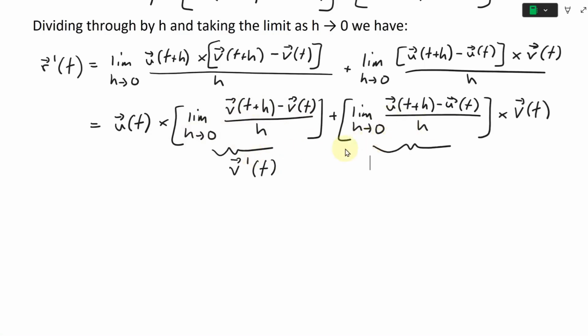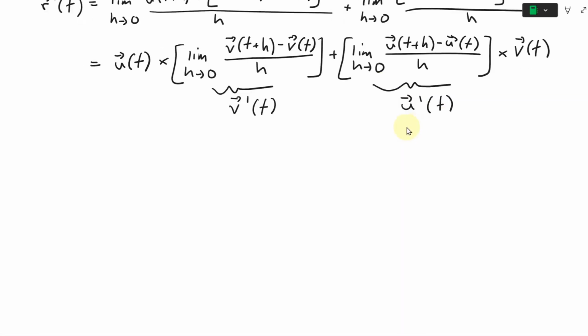So this is u prime of t, and that's just again the difference u of t plus h minus u of t divided by h. Again, just the exact counterpart of the normal functions in their derivative.